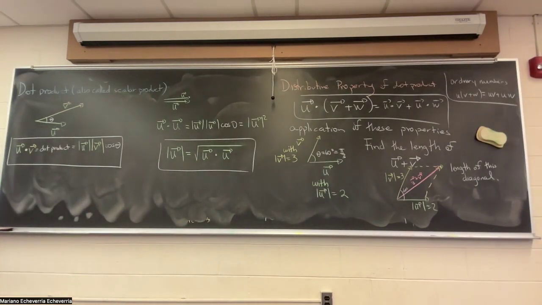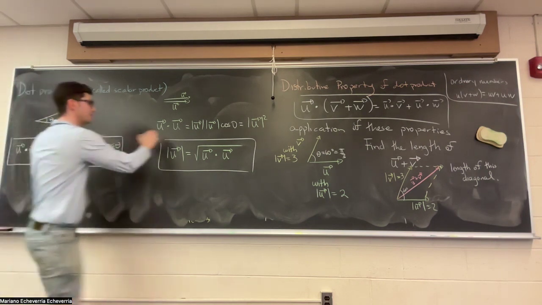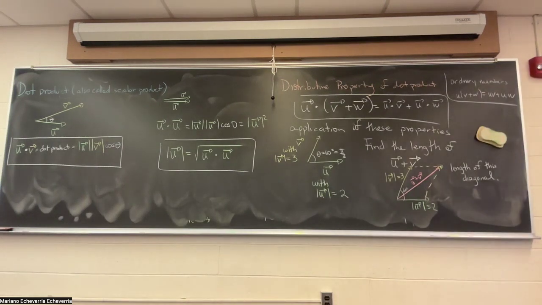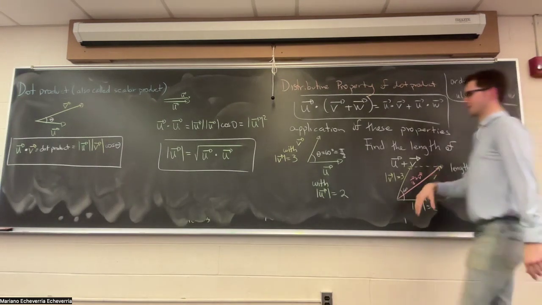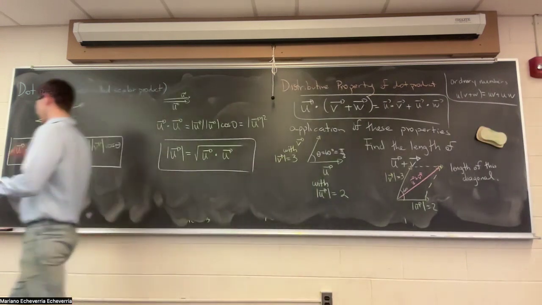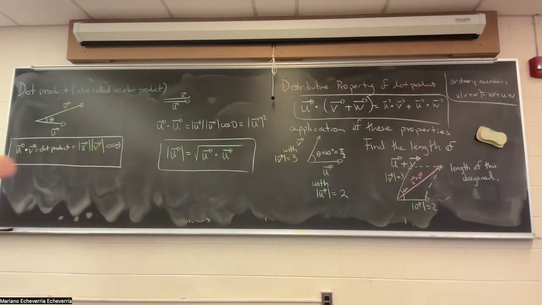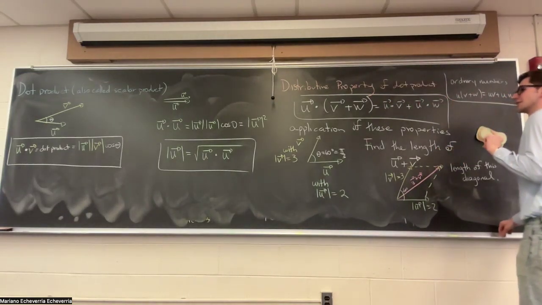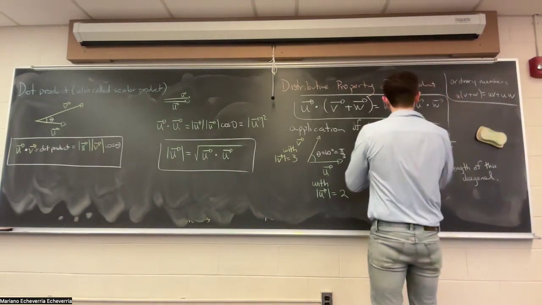Now, the way to do it is just using this property and this property. All the solution actually comes from using these three properties together. Just because this usually causes confusion, let me call W the sum.